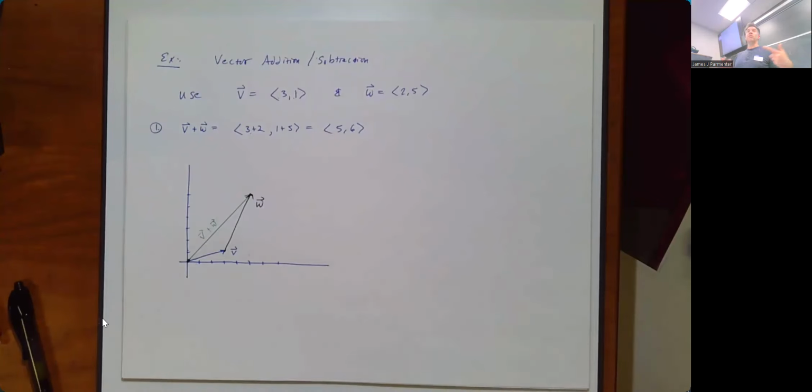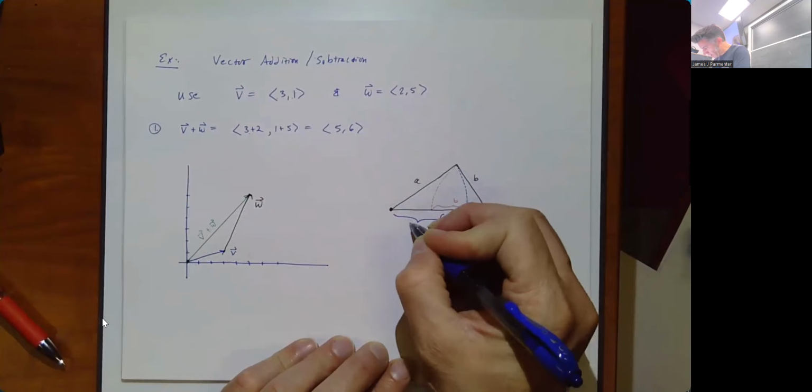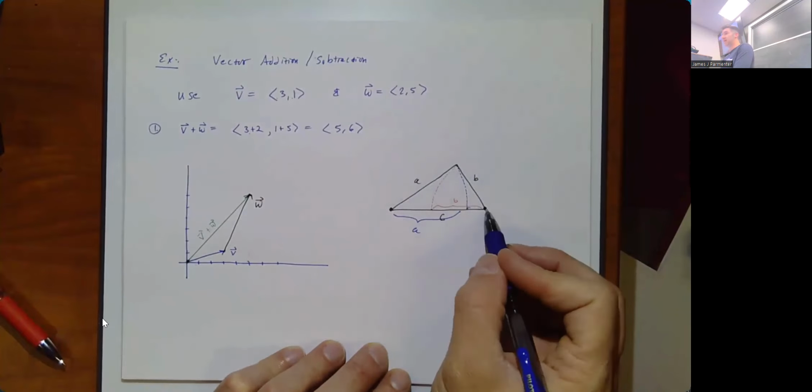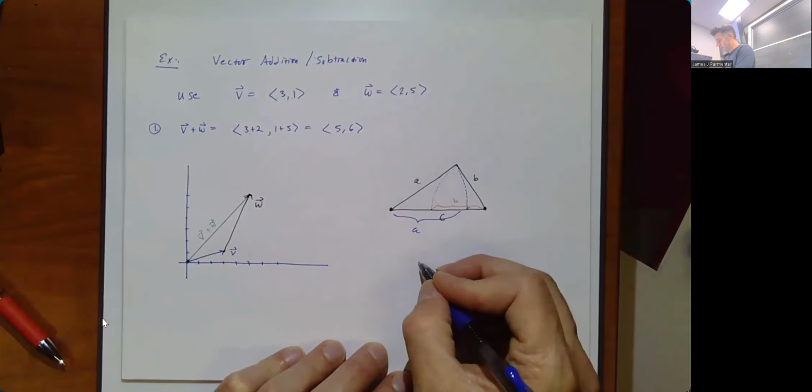I want to point out that these 2 sides here, let's call them A and B for a second, have to add up to more than C. And the reason why is because if I kind of just swing this down like that, well, there's your length of B. And if I do the same thing to the other one, swing that down, there's your length of A. And certainly A plus B is more than C. And that's true for any 2 sides.